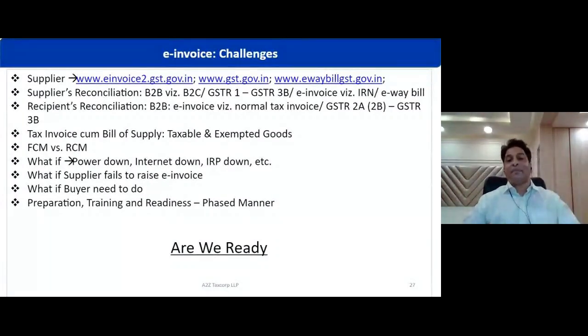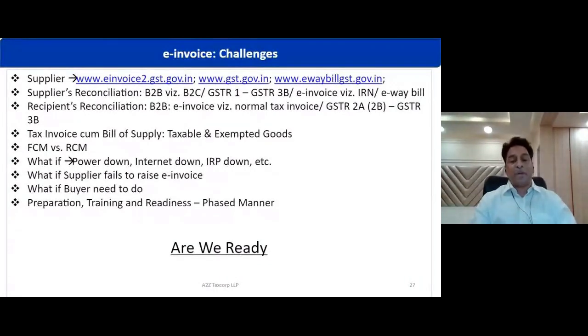For exempted supplies, I need to generate a bill of supply. But what happened? My taxable supply and exempted supply come under one invoice. What to be done? Because as per the law, for B2B we are talking about taxable supplies. This is what we are referring to, and no clarity has been provided as of date.